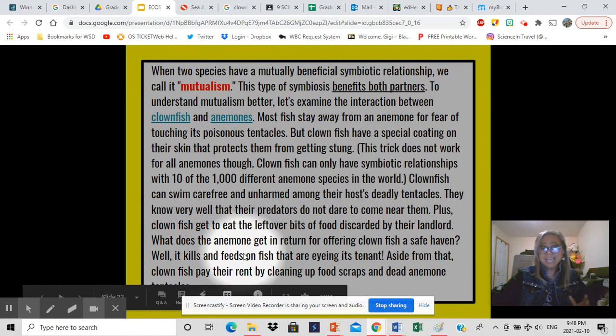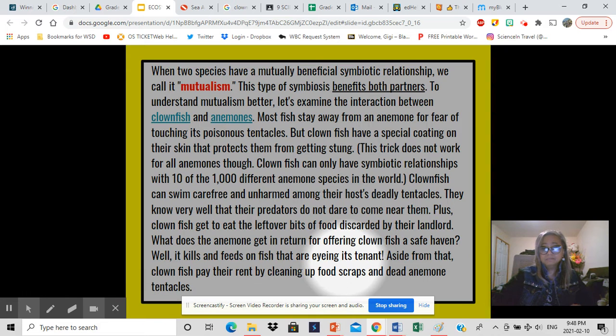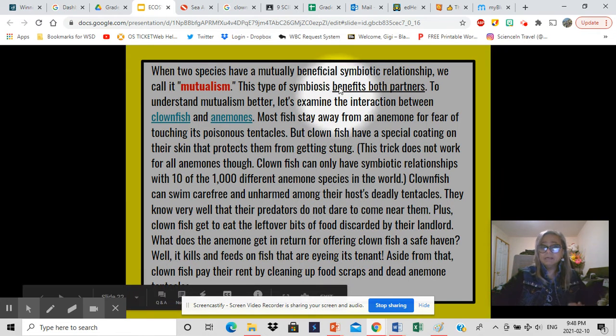And you might ask, what does the anemone get in return for offering clownfish a safe haven? Well, it kills and feeds on fish that are eyeing the clownfish. So there you go. There is a beneficial relationship between the two.